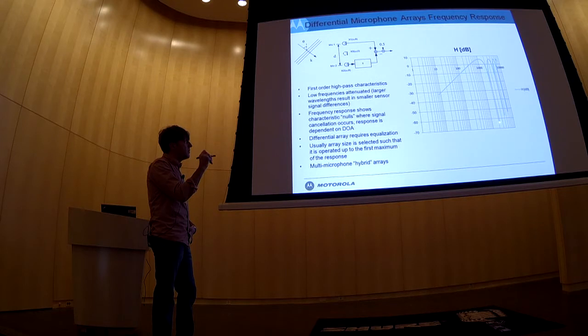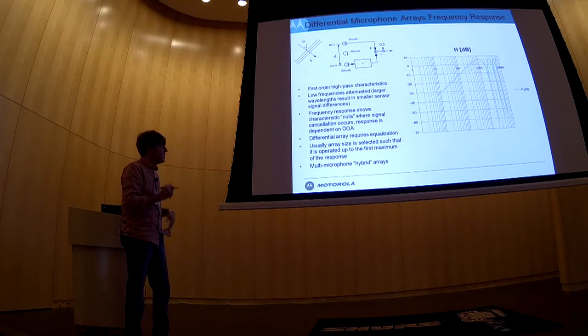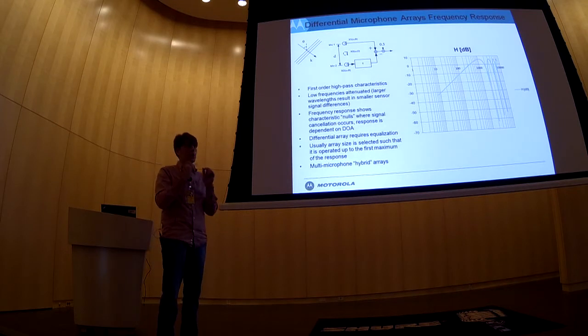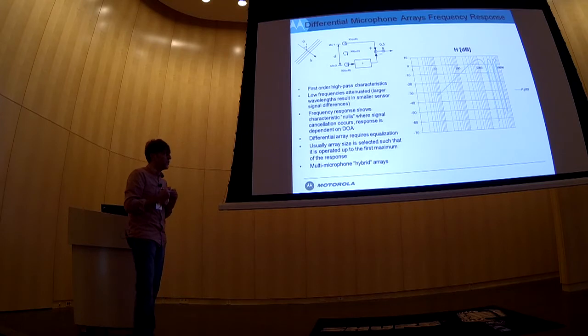There are parts of the frequency response, the on-axis response of this system, that have these valleys where the signal is cancelled. This is easy to see: these nulls occur because of the sinusoidal term that we had in the response of the system.